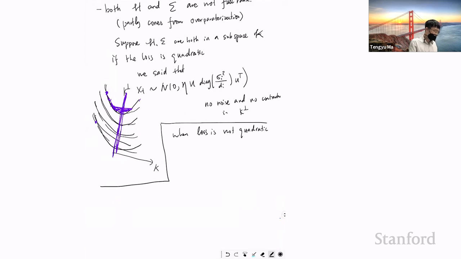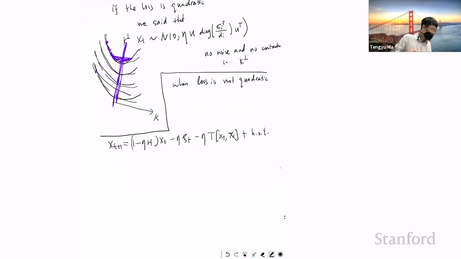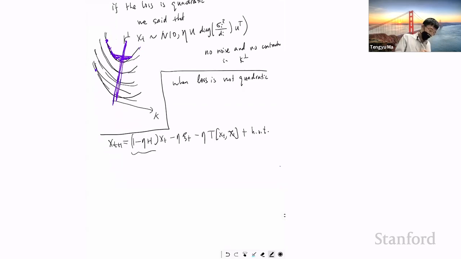So what happens is that if the loss is not quadratic, then recall that x_{t+1} equals (1 minus eta H) x_t minus eta times the noise term, plus higher order terms. And this is happening.